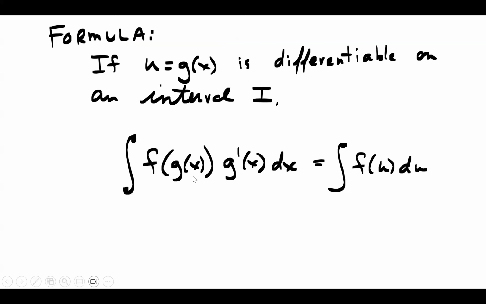So we can substitute the derivative of g of x and the dx as a du. That's essentially what we're trying to do. It only works if it follows this.